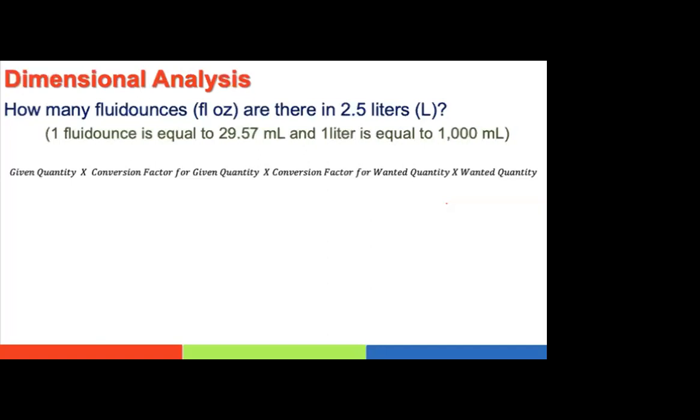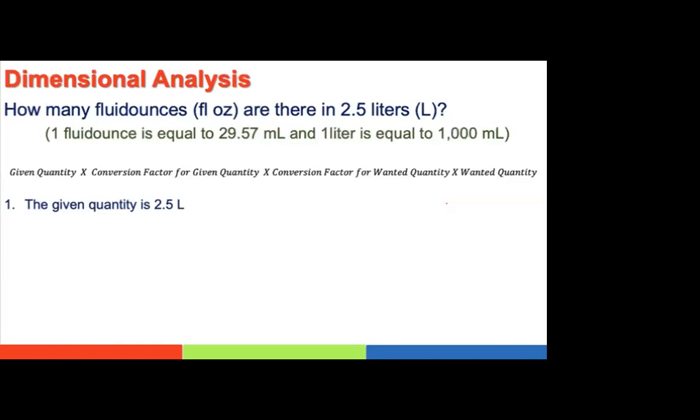So how do we compute this? So the given quantity is 2.5 liters. Inapa-convert yan into fluid ounce. Now, ano yung conversion factors? Pag sinabing conversion factors, ano yung mga gagamitin mong equivalent values ng mga units para makuha mo yung desired na unit. Okay? So here are the conversion factors.